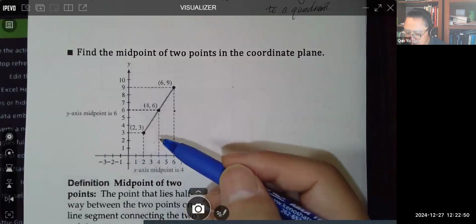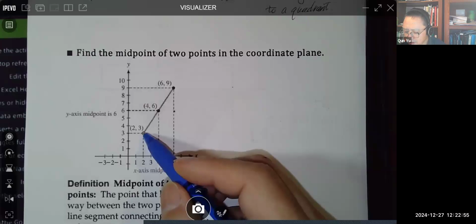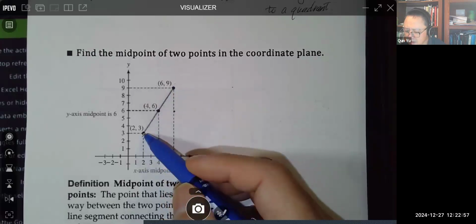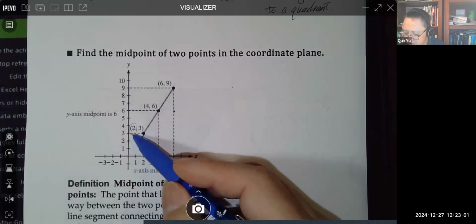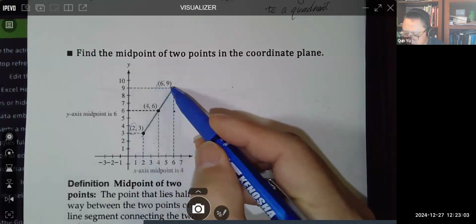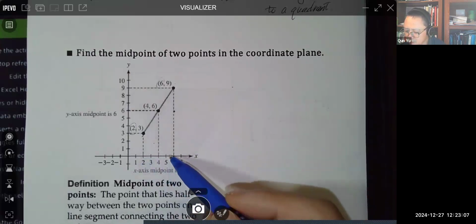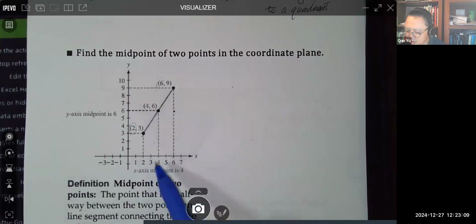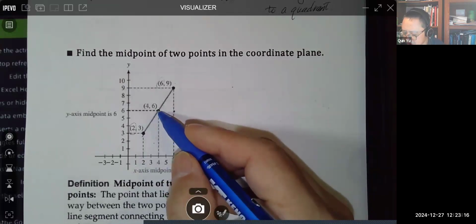If you look at the horizontal coordinates for these 2 points, the first one is 2. We only look at horizontal coordinates. The second one is 6. What's in the middle between 2 and 6 is 4, right? So exactly 2 units, 2 units. So in this horizontal direction, this point is in the middle. How about in the vertical direction?